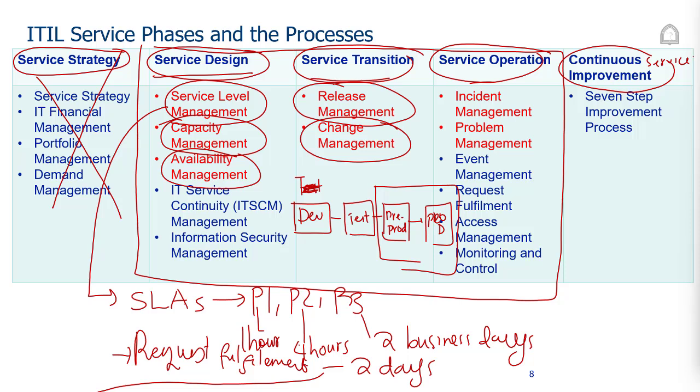So we raise that ticket, then people have to authorize it. The line manager, for example, you have to say what access, for example, privileges do they need, and then it goes to the service desk, to the technical teams, and the technical teams do what has been requested.